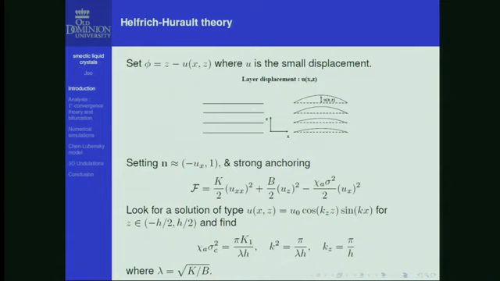This is the previous work, the popular classical Helfrich-Hurault theory, and what they use is a small disturbance from the flat layer state. They approximate n, the director, which in the smectic A is perpendicular to the layered structures.